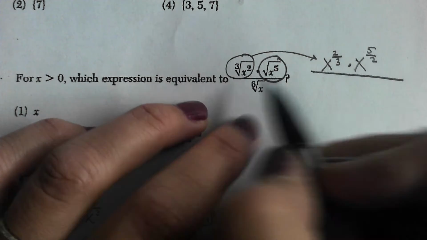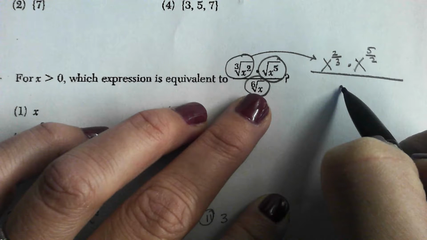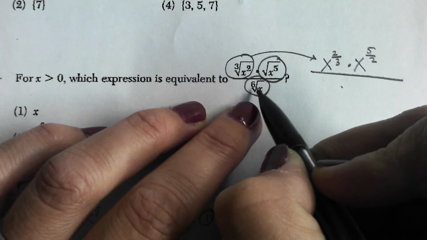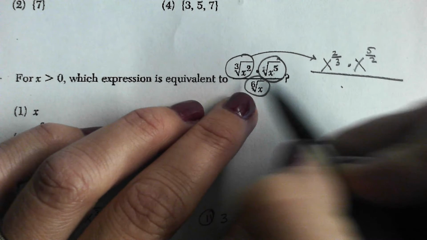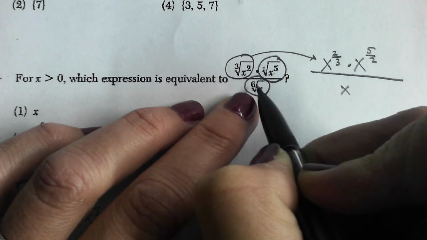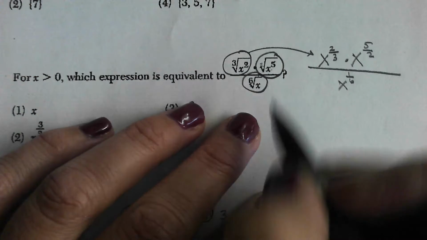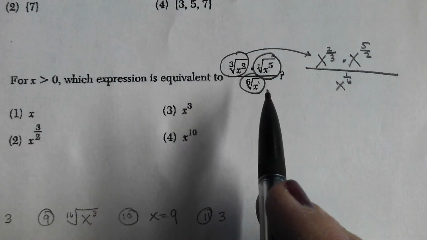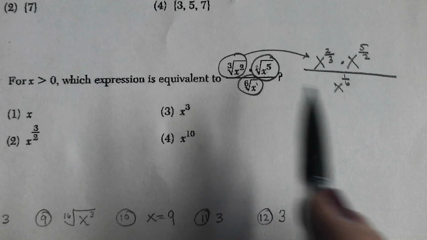And Jake McEwen, what's the 6th root of x going to turn into? There's no 2 there. This was a 2 because it was a square root. This is a 6th root. To the 1/6. Right? Because that's technically a 1. So the exponent on your x becomes the numerator. The index becomes your denominator.